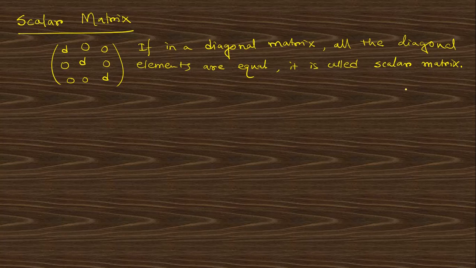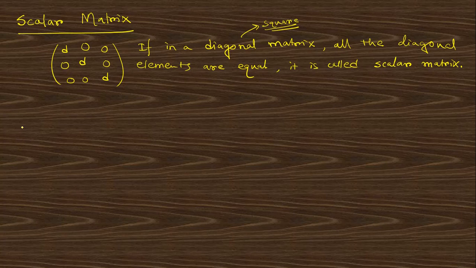Clear? Only diagonal elements are present, and you know a diagonal matrix means a square matrix. If the elements are the same, then this is called the scalar matrix.